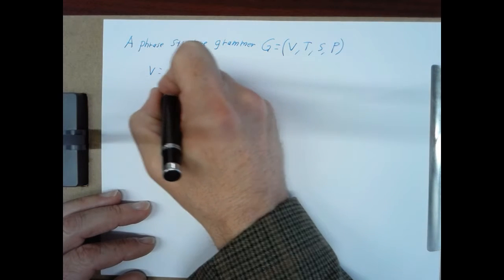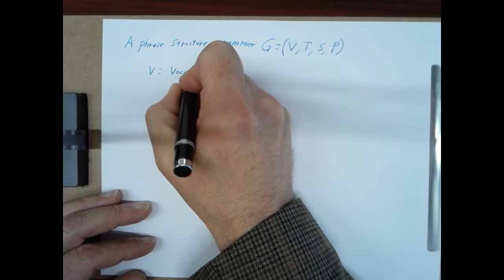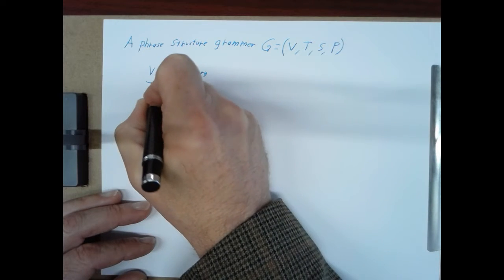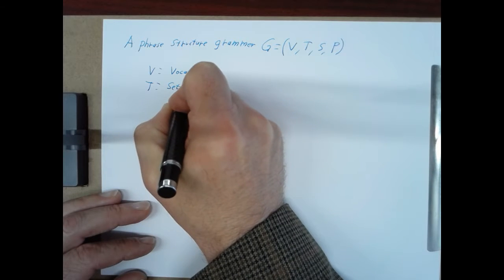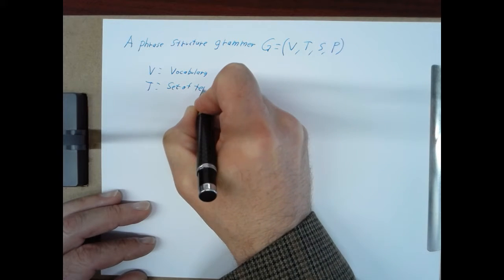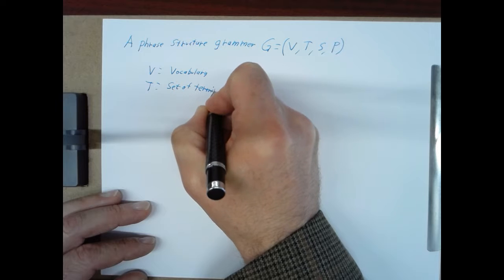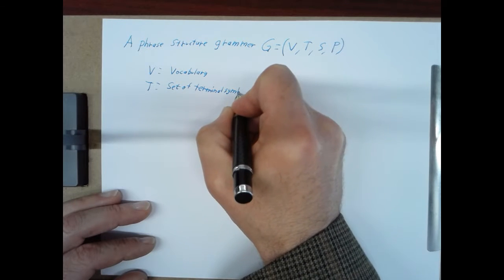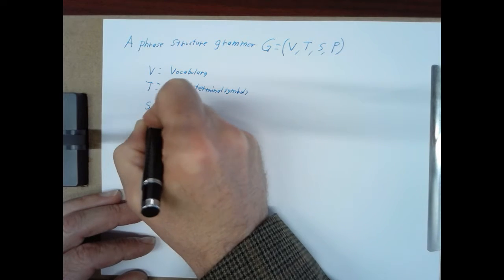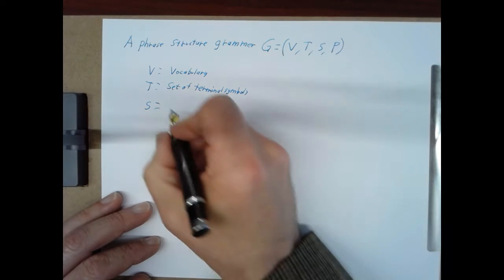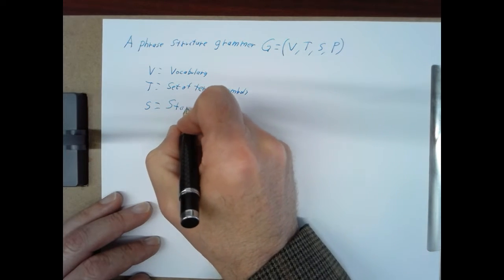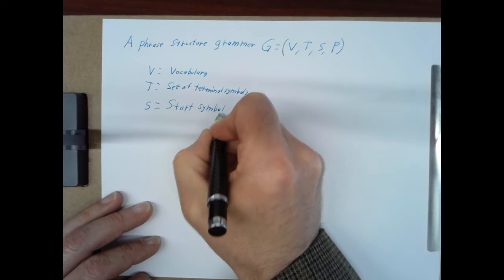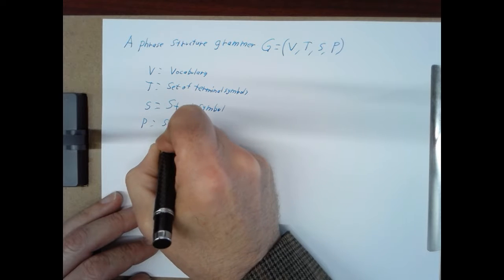V equals the vocabulary. T equals the set of terminal symbols. S equals the start symbol. And P equals a set of productions.